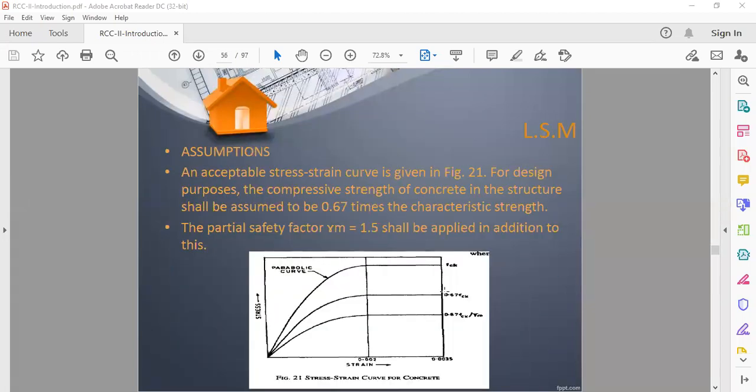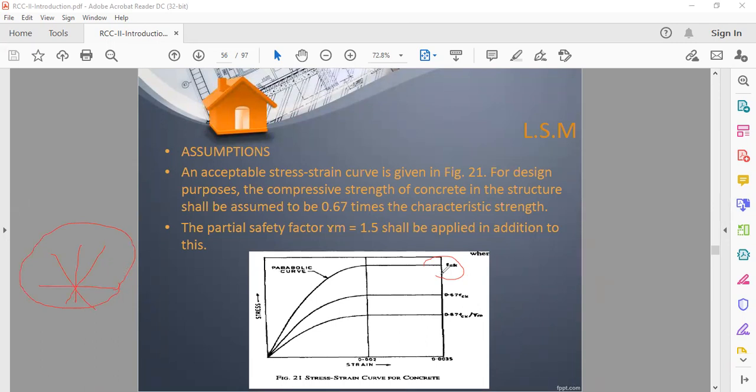So this is the major part, design strength and characteristic strength. Characteristic strength is basically, if you understand it, the stress-strain curve for the concrete.